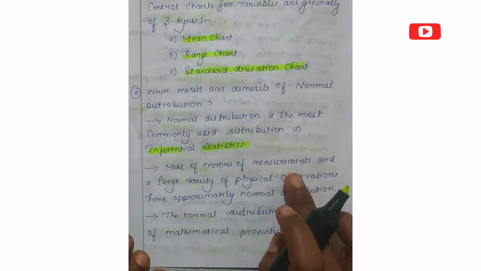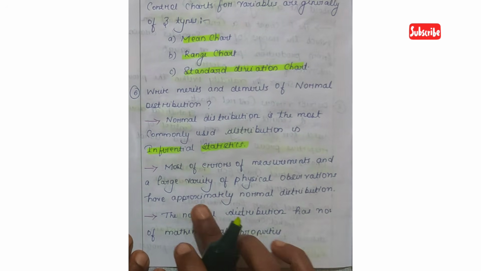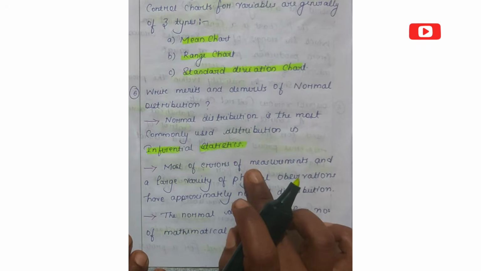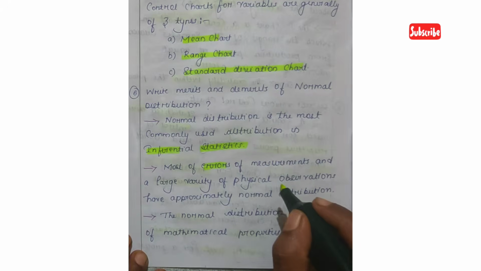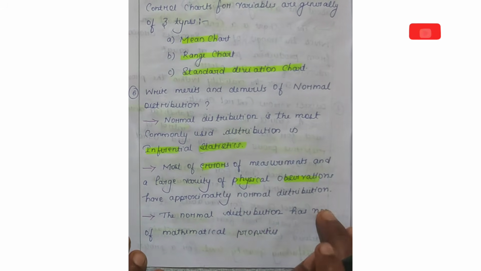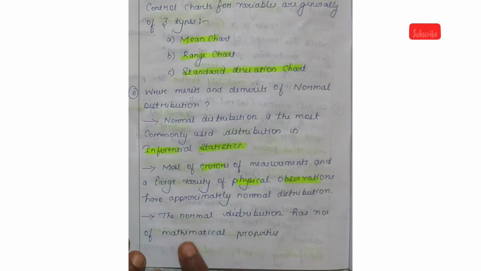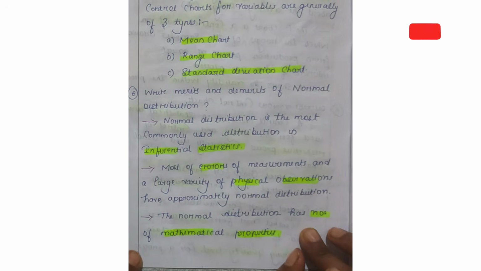Most errors of measurement and a large variety of physical observations have approximately normal distribution. Normal distribution has a number of mathematical properties. So these are the advantages or merits.